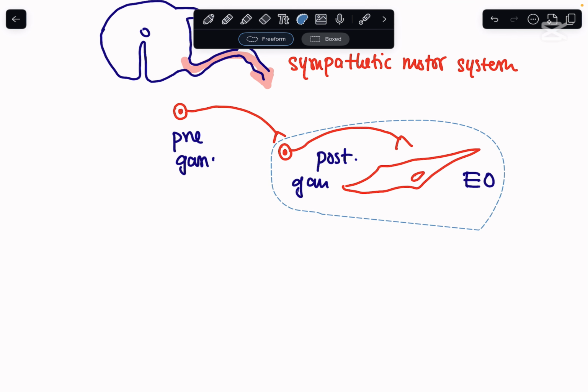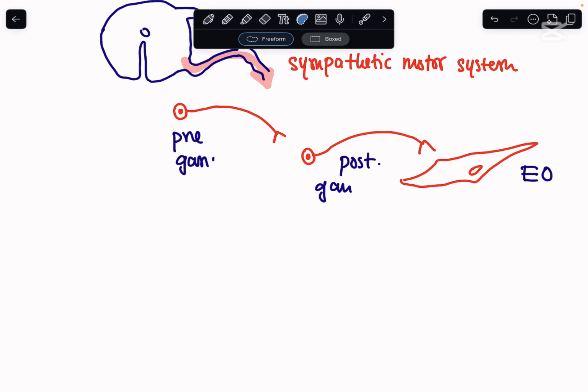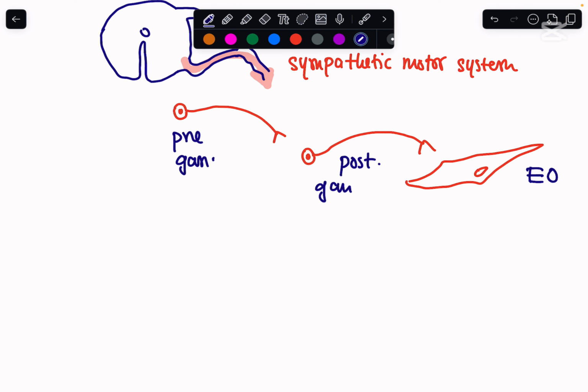Let me just draw this nicely for you so you can see exactly what's going on. And what we said here was that here you're going to get acetylcholine, and here you would have receptors, which would be nicotinic cholinergic receptors.